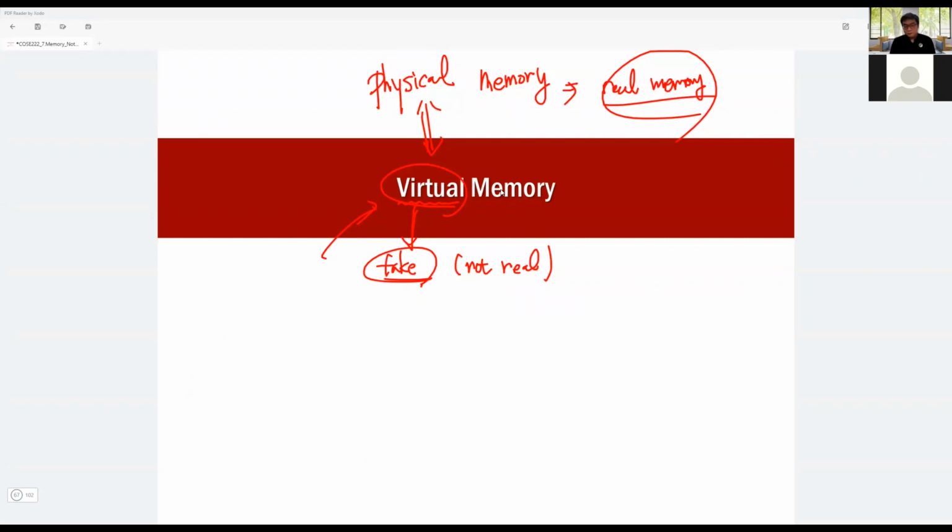I said that virtual memory is the opposite concept of physical memory. In the memory system, we learned that the external memory, or DRAM, is the main memory of the computer system.